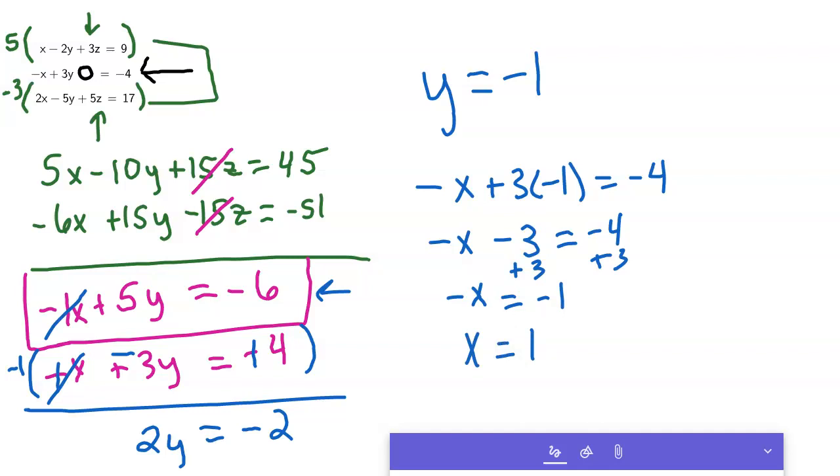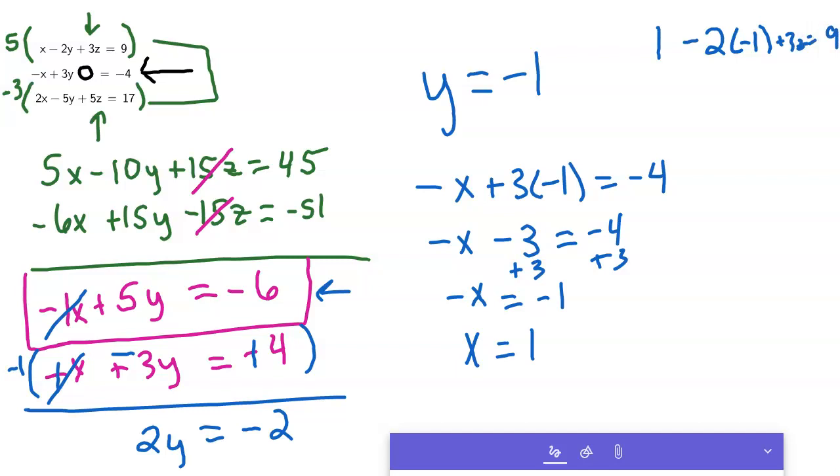And what you can do then is plug the x and the y into one of the others, just like what we did on the last problem. So I'm going to plug it into the top equation. So that would be 1 instead of an x, minus 2 times negative 1, plus 3z, and I have to squeeze it in here, equals 9.